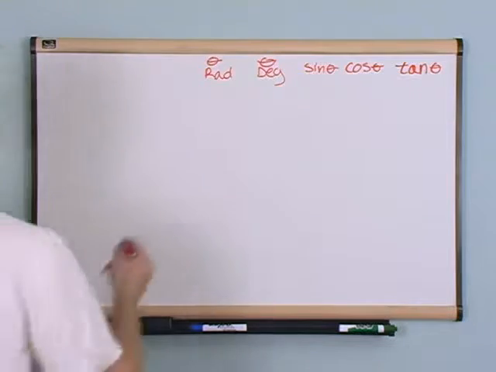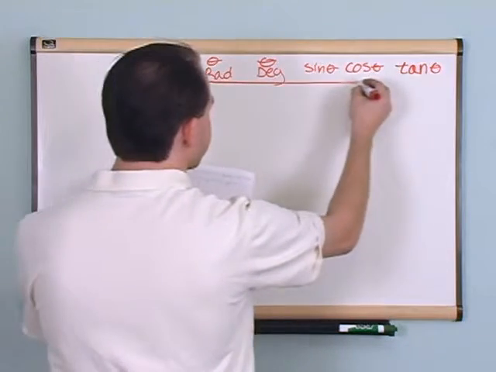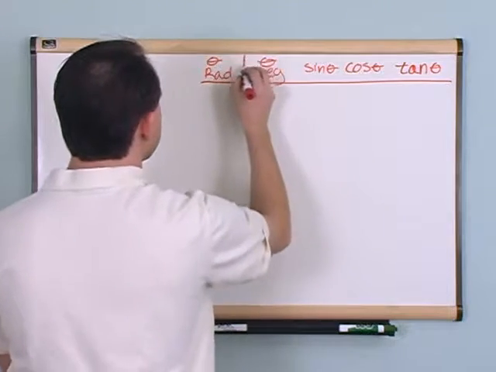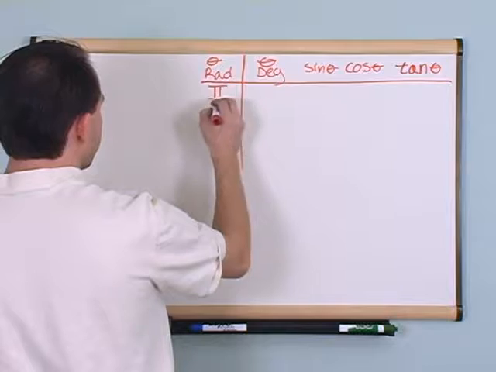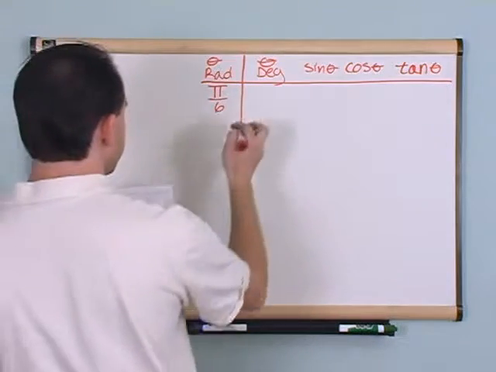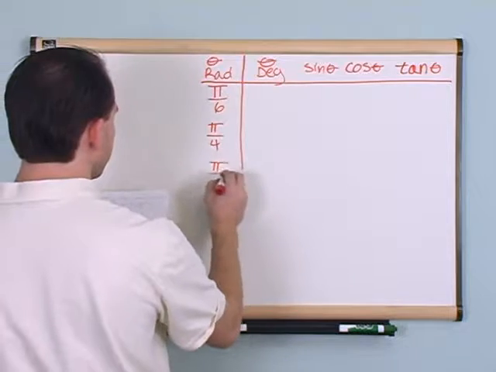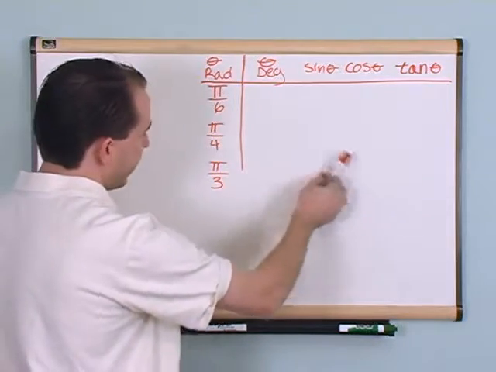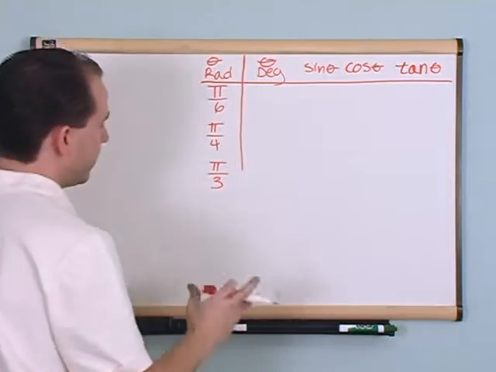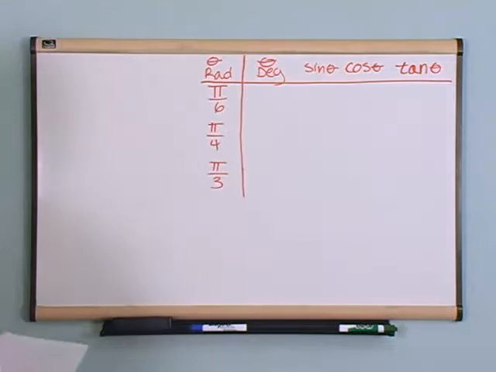And again, I'm going to explain why I'm doing this in a second. These are the important angles for you to remember: pi over 6, pi over 4, pi over 3. The unit circle, as we talked about, has infinite angles, but there are some important ones that you really need to try to memorize.